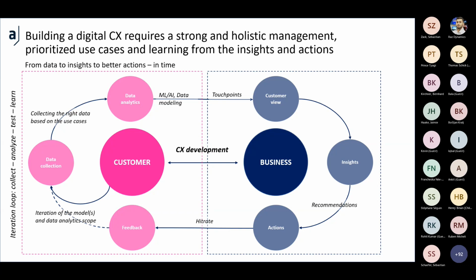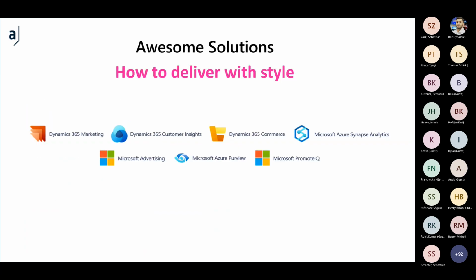Even when you are inside McDonald's and you bought something, you very often get new coupons because they see that you probably have not bought an ice cream, and you get instant feedback. Your client can use the data collection there and push it directly again into the Azure Data Lake. This is the approach which we have developed to build up a new CX development for our client. And those are the solutions we are going to use.